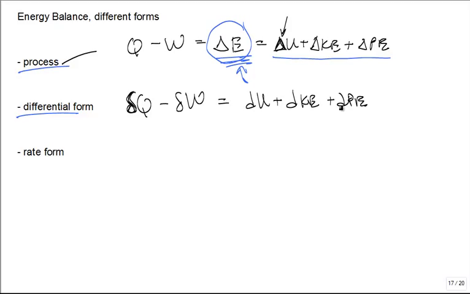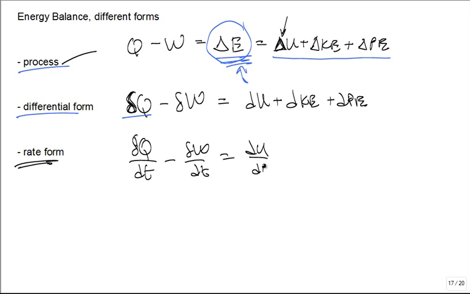Now, if we want the rate form of the first law, guess what we do with this equation? We just divide by the time step, or the small time step. So we have delta Q over dt minus delta W over dt equal to dU/dt plus dKE/dt plus dPE/dt.